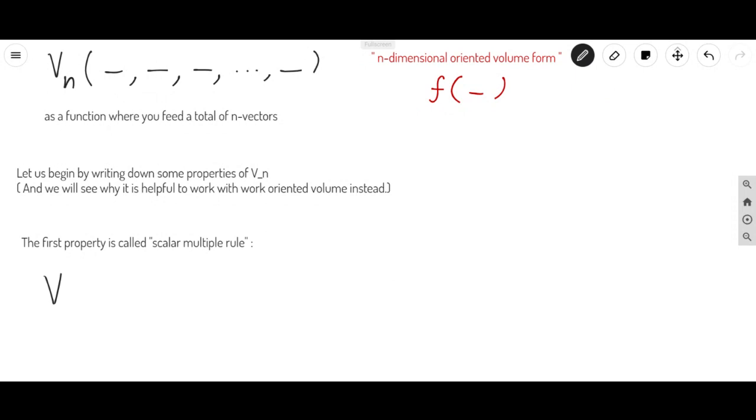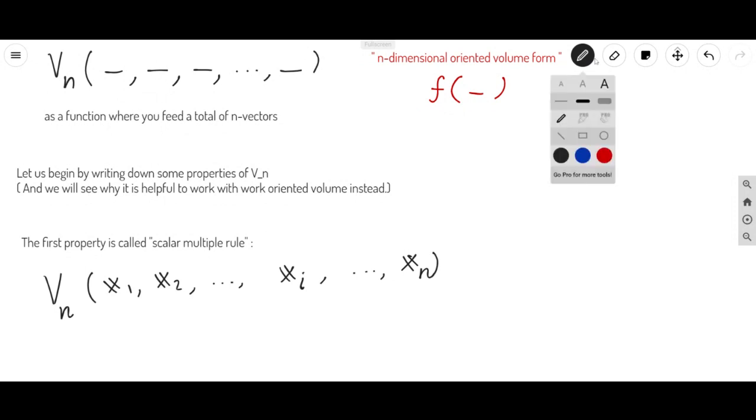If you're calculating the oriented n-dimensional volume of n vectors, so you have a total of n vectors, and then you have a vector somewhere, it makes no difference which coordinate. Let's suppose it's in position i, and it's being multiplied by some scalar, so you have a scalar multiple in front of it, call it a.